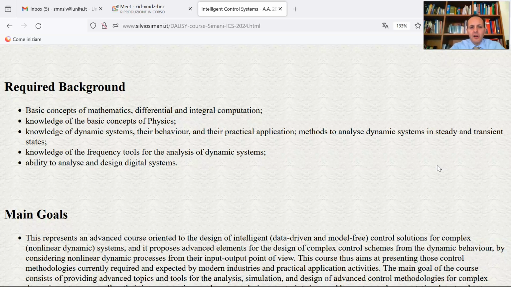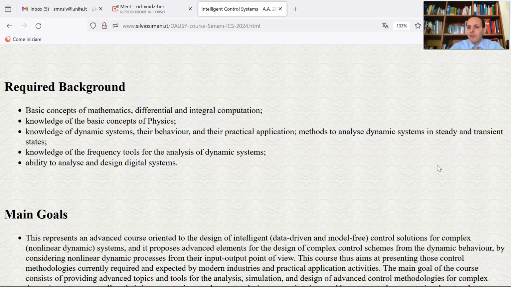Some basic concepts of physics, just because maybe in the introduction we will recall something regarding basic physics, and then, because we are talking about dynamic systems, I am assuming that you know what a dynamic system is, its behavior, practical applications, and also methods for analyzing dynamic systems in steady state and transient conditions.